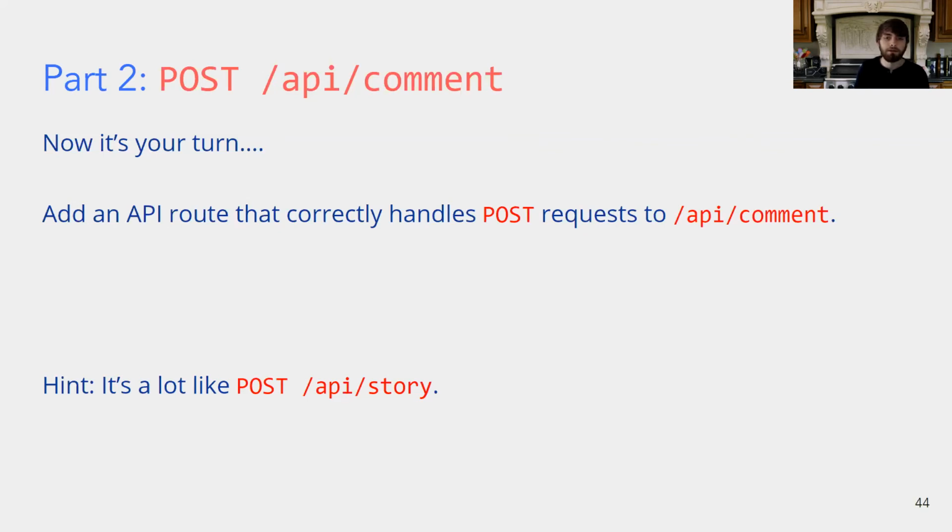I think there's literally a 1 line difference apart from changing everything from stories to comment. So I'm gonna give 3 minutes there. I hope that's enough time, but we are cutting things just a tad bit close.